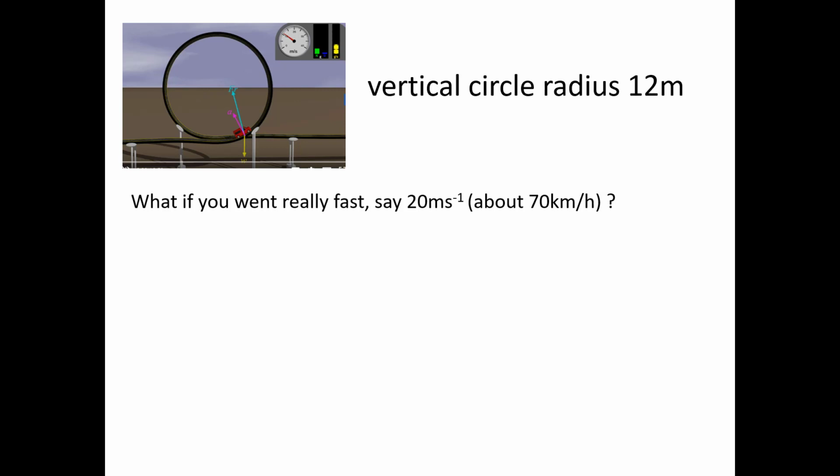So let's have a look and see what happens to the rider travelling round at a speed of 20 meters per second. Remember that the normal reaction at the very bottom of the circle gives you the maximum g-force the rider will experience. So let's just see what happens at the bottom of a circle of radius 12 meters when you're in a car going at 20 meters per second.